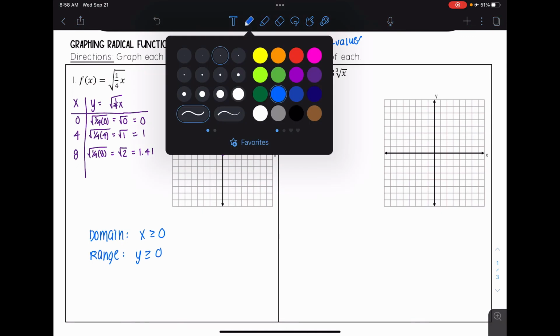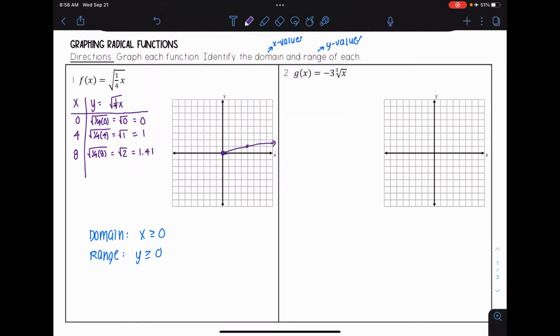Now for number 2, it says to graph g of x equals -3 times the cube root of x. So this time we have a cube root, so we can have negative values in there. When I'm making my table with the cube root, I like to go with the values of -2, -1, 0, 1, and 2.